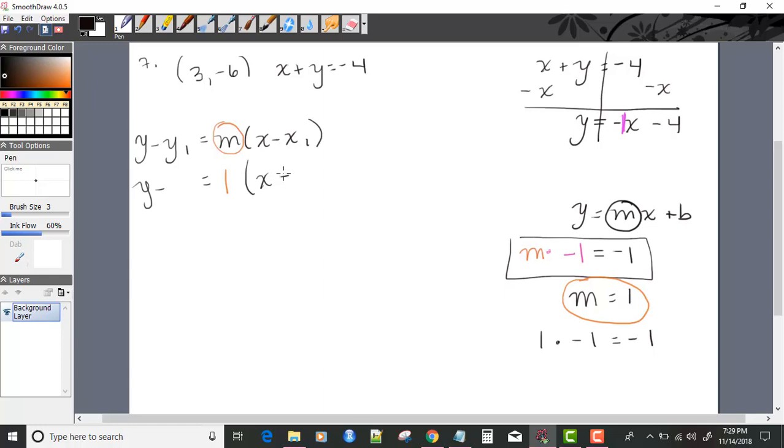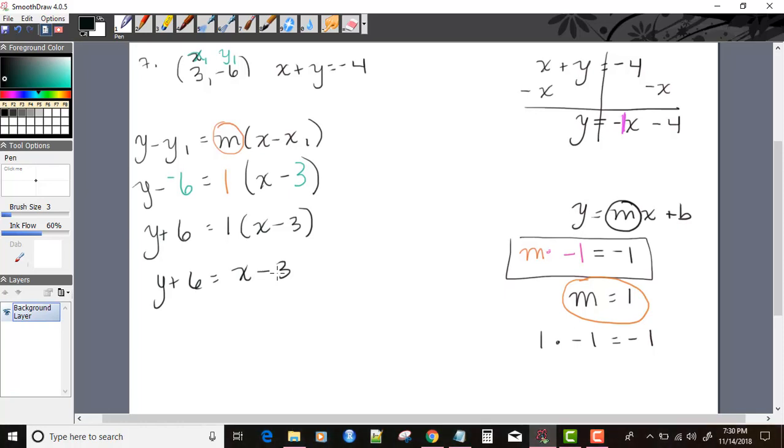And I can fill in my point. x1 is 3, and y1 is -6. So simplifying, I have y plus 6 equals 1 times x minus 3, or I could write it as y plus 6 equals x minus 3.